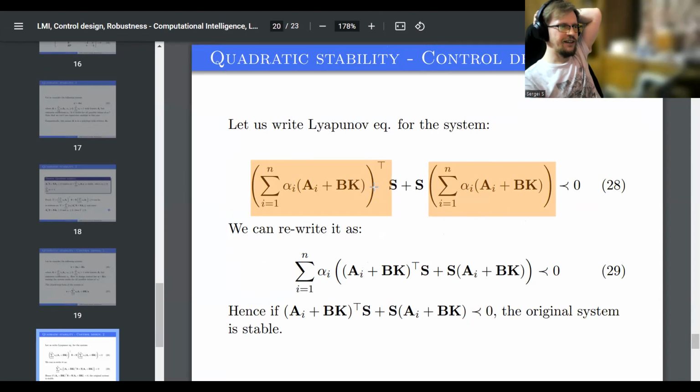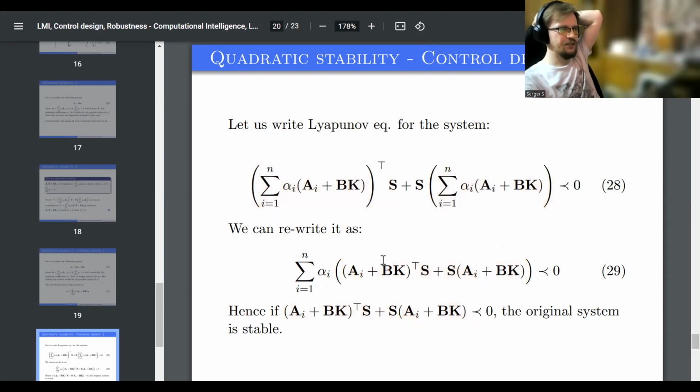We get S under the brackets, and we get this sum, where as long as this guy is negative definite, and this is a positive coefficient, as long as this is true, what will happen is the whole sum will be negative. So we get this condition for stability. All right. But that is very familiar.